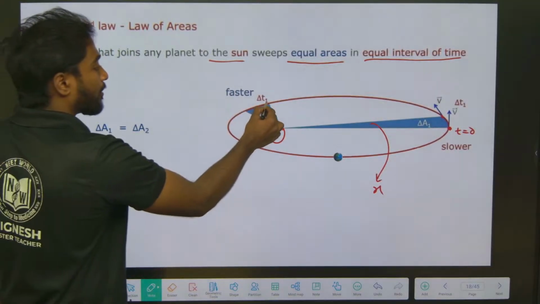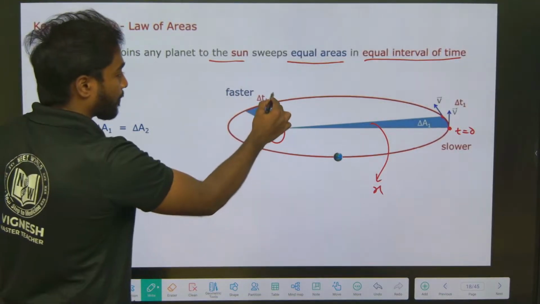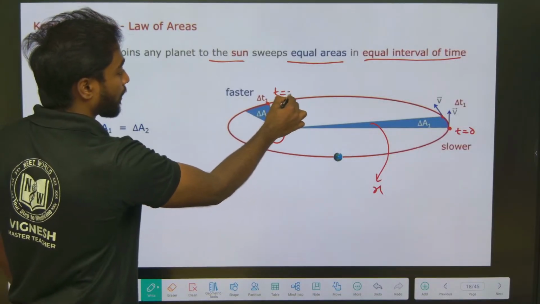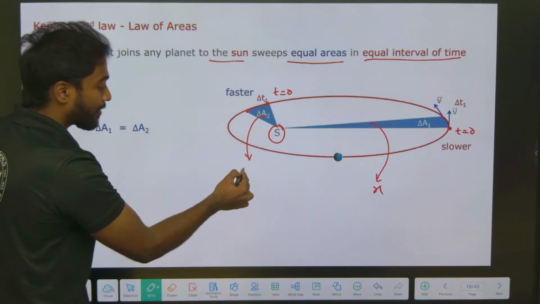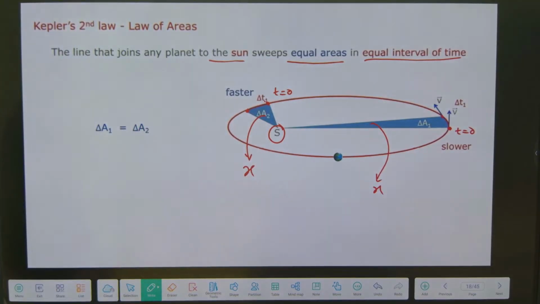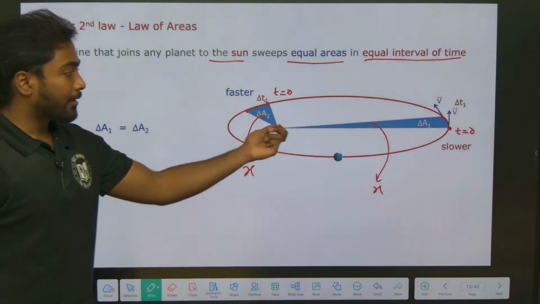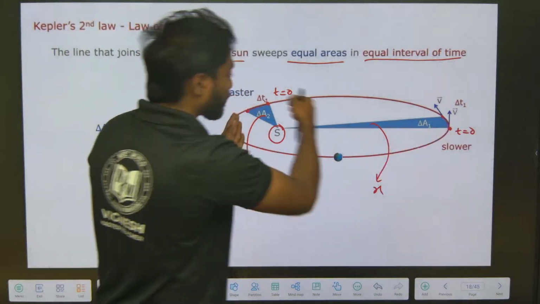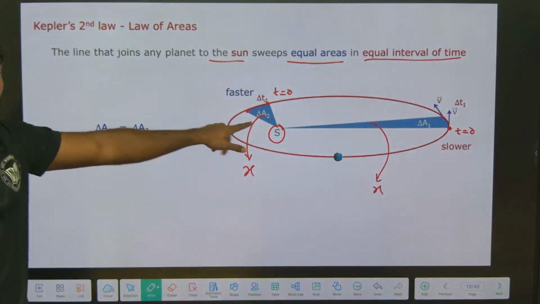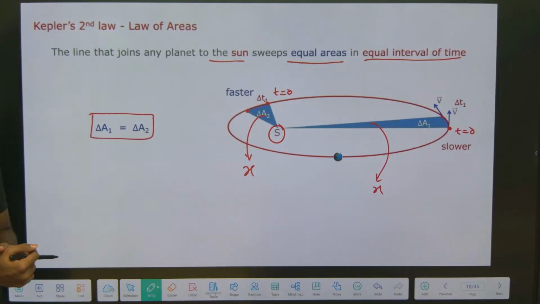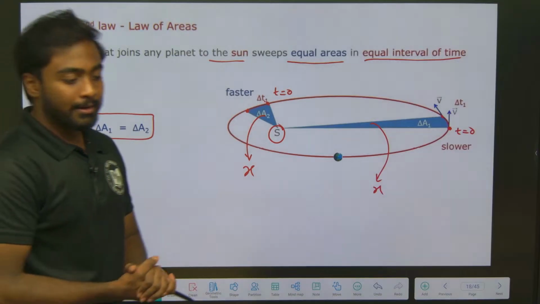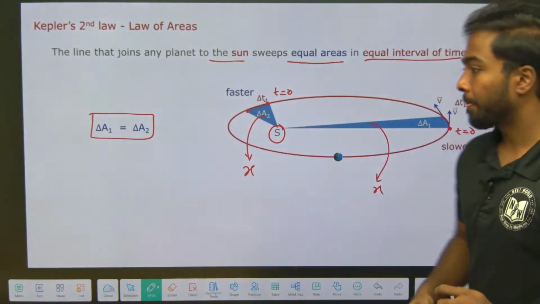Now at t equals 1, the area covered is the same x. So it can be on the larger side or the smaller side, but the area covered will be equal. That's why delta A1 will be equal to delta A2. So this is Kepler's second law, the law of areas.